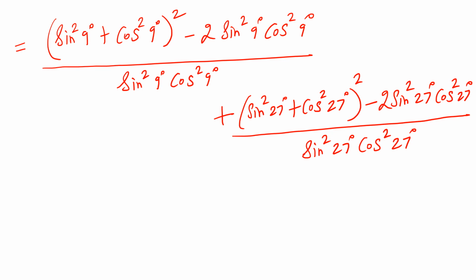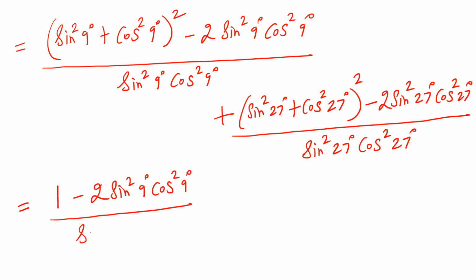Right? Now students, we know that sine square theta plus cos square theta is equal to 1. So this becomes equal to 1 minus 2 into sine square 9 degree into cos square 9 degree whole divided upon sine square 9 degree into cos square 9 degree.